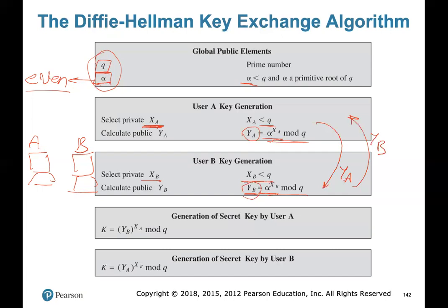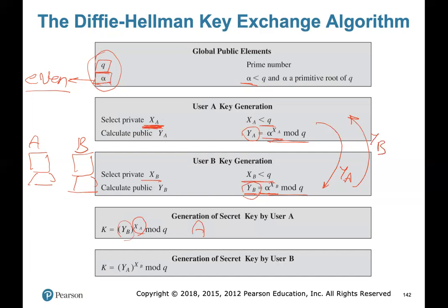And then the rest will be this. At the Alice side, Alice has received YB, and it calculates YB to the power of XA. XA is the Alice private key, so Alice has its own XA.